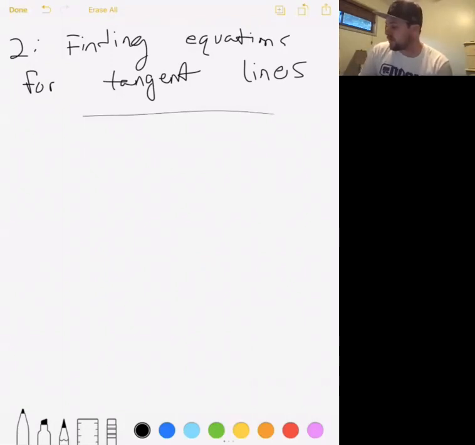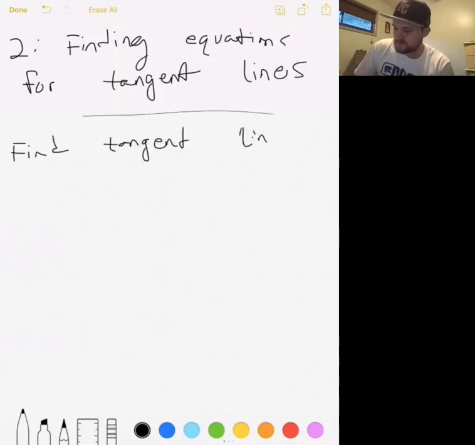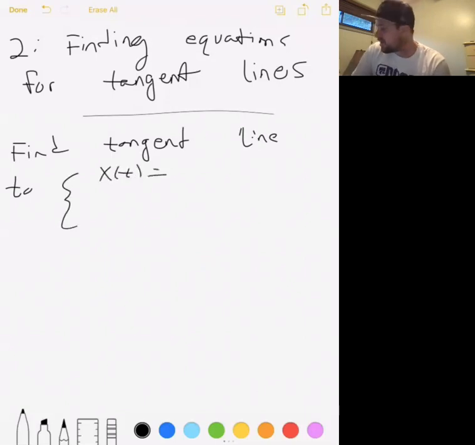So this problem says find the equation of the tangent line to the following curve. X of t equals t squared minus 3.